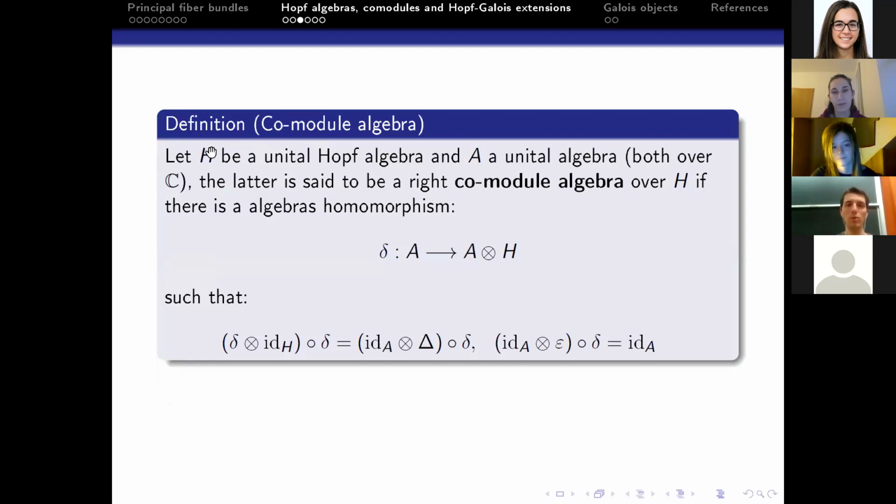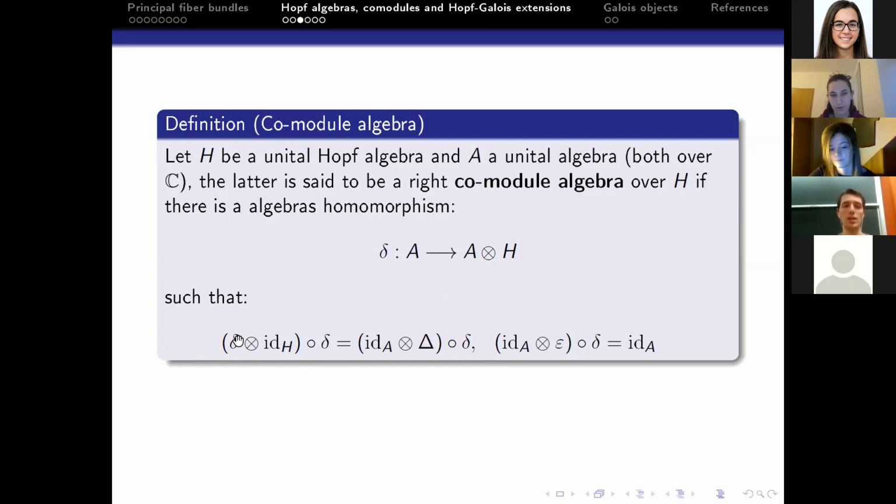Given a Hopf algebra H and an algebra A, both unital, A is a comodule algebra over the Hopf algebra H if there is an algebra homomorphism from A into A tensor H, such that we have the previous equations.